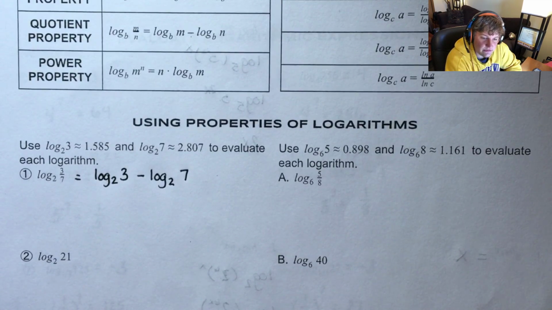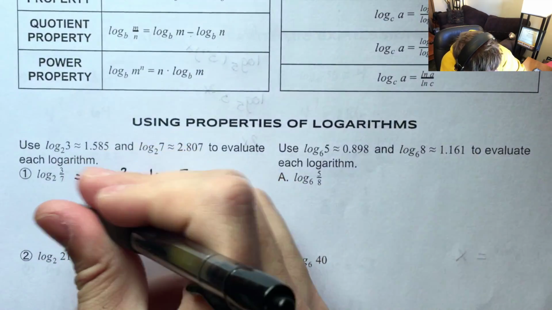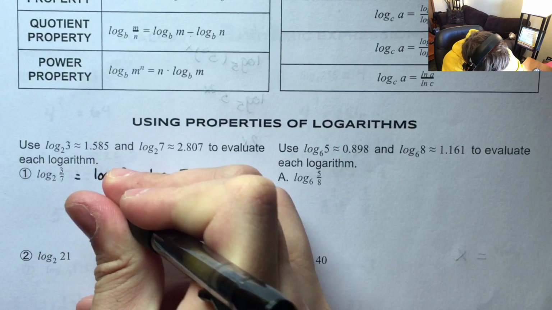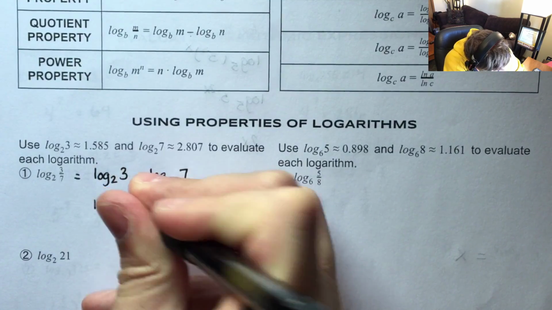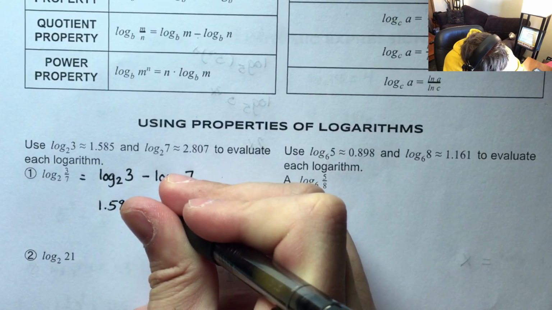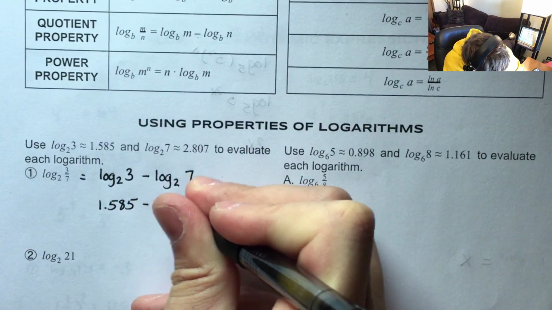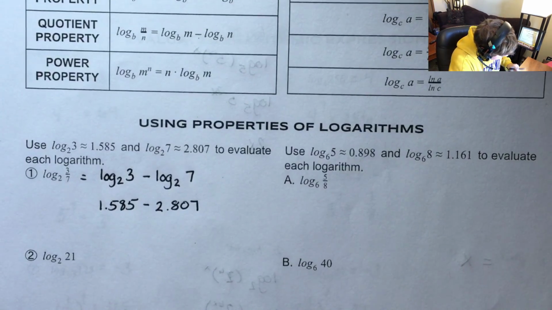Okay, so log base 2 of 3 minus log base 2 of 7. Well, I know what log base 2 of 3 is. It's approximately 1.585. And I know log base 2 of 7 is 2.807.